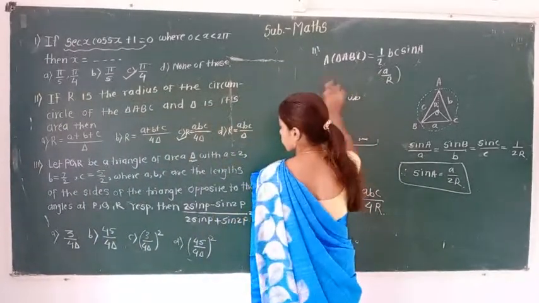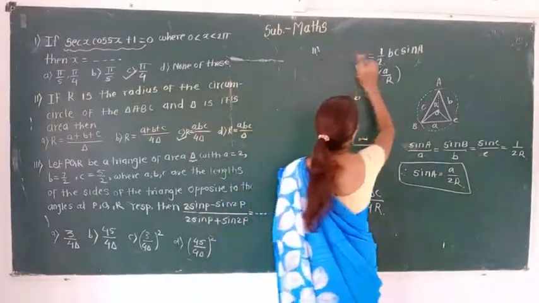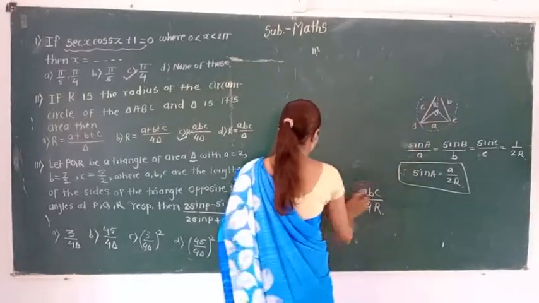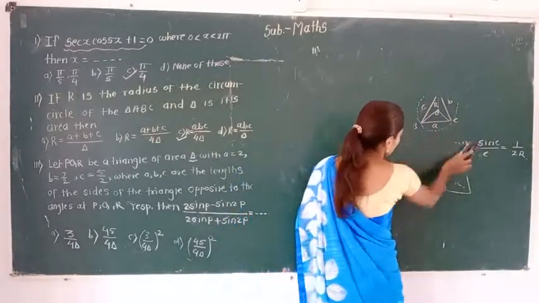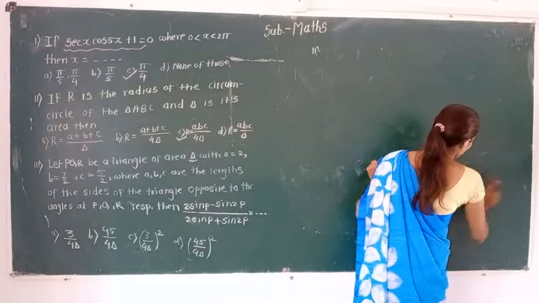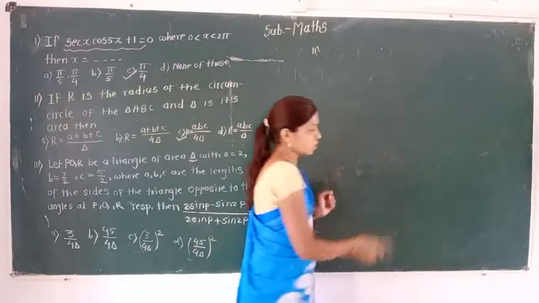So first of all, we have to note the given information: the lengths of sides of triangle PQR.